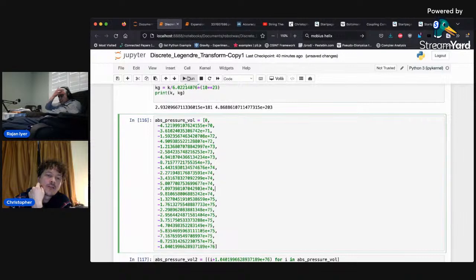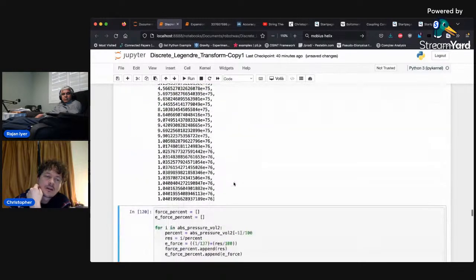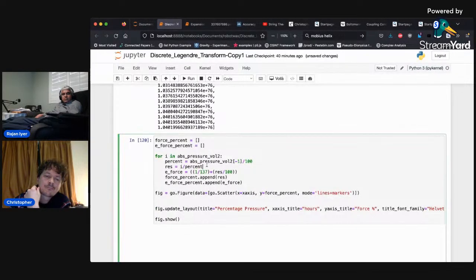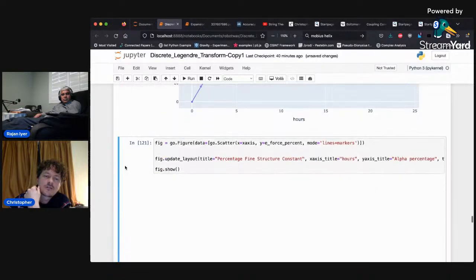Now we have our absolute pressure volume, and then we add the last value to all of them. I'm not entirely sure why we do that. Then we reverse it. So we're looking for the force percentage and the percentage of pressure, which gives us this curve.